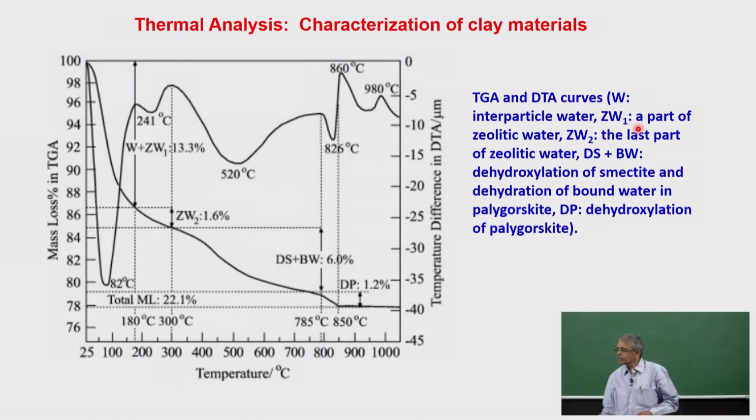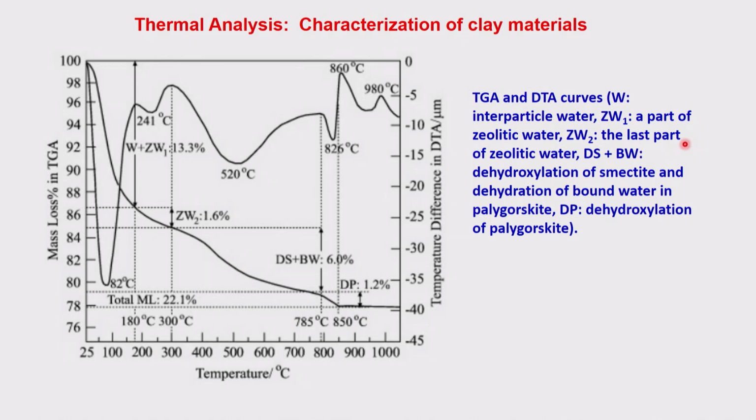ZW1 is a part of the zeolite water, and ZW2 is towards the end, whatever is being lost, and DSBW is dehydroxylation of pectatite, and dehydration of the bound water of palygorskite, etc. Different types of structures they are, nothing but dehydroxylation of this one.